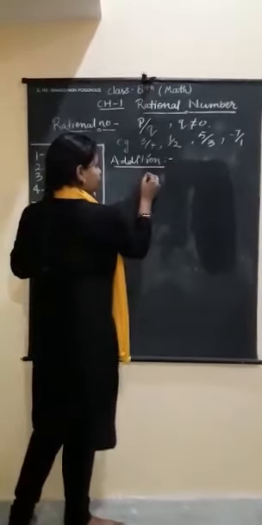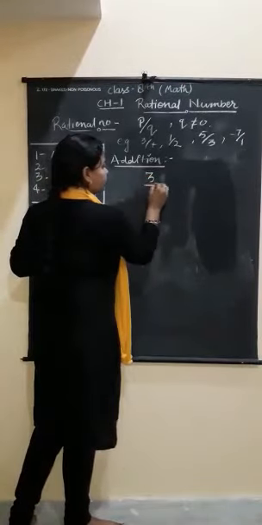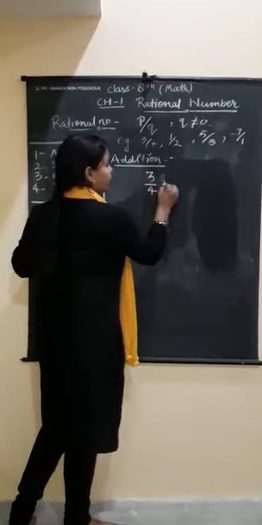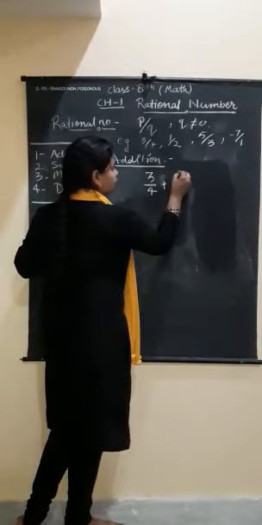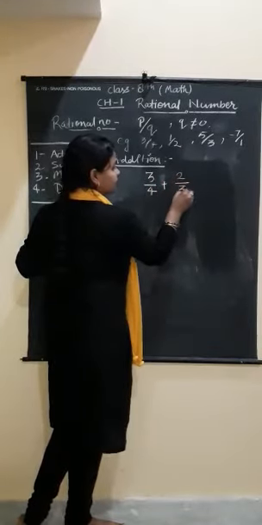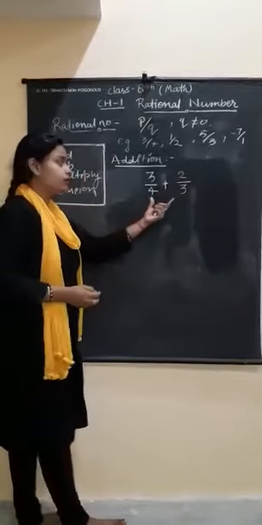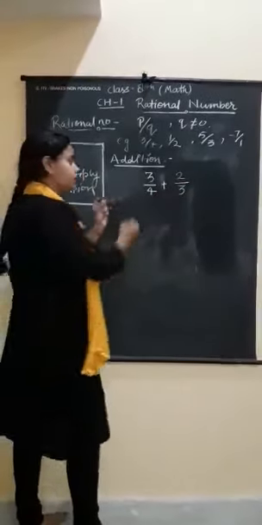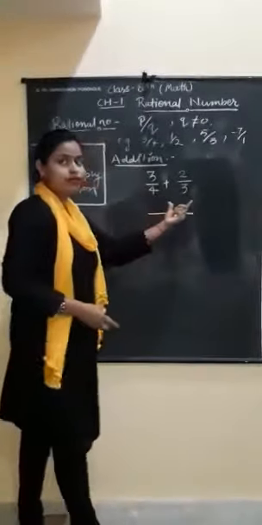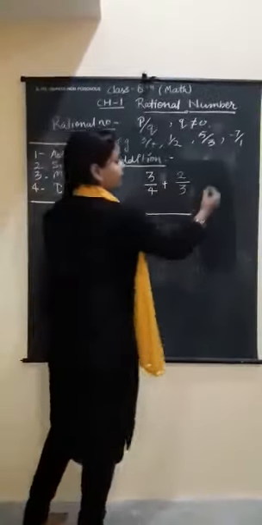Let's take the numbers 3 by 4 and 2 by 3. First, let's take the LCM of the denominators.